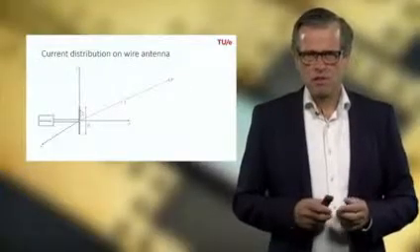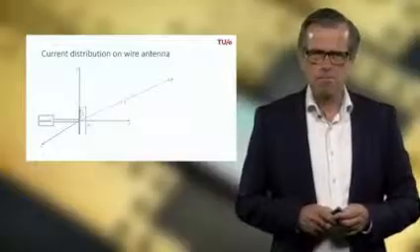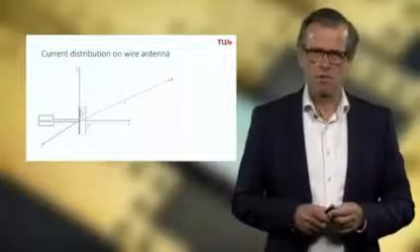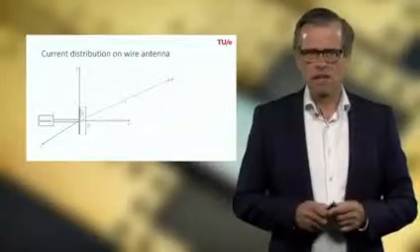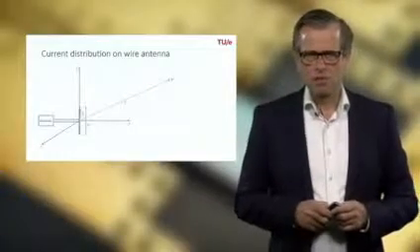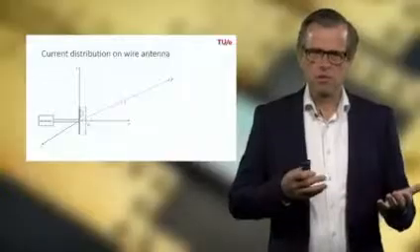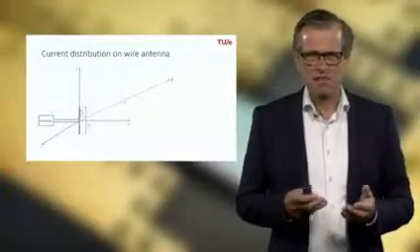Now, let us take a closer look at the configuration at hand. So we have a dipole consisting of two arms, so two metal wires. Each arm has a length L, so the total length of the dipole is 2L. And the dipole is connected to a generator, a transmitter, could also be, of course, a receiver in the receive case, but let's consider the transmit case.